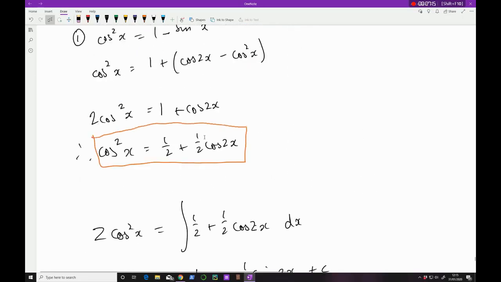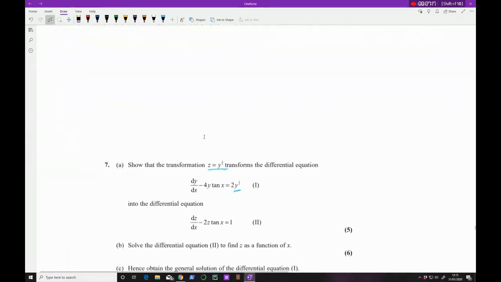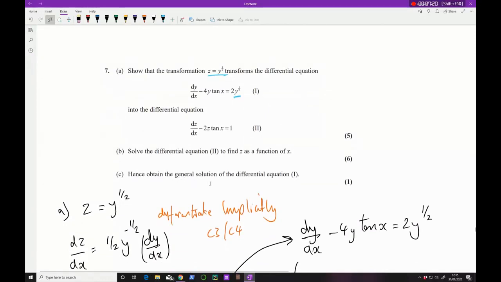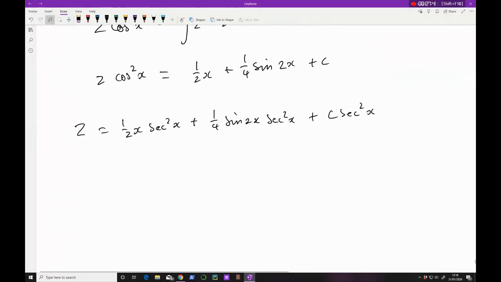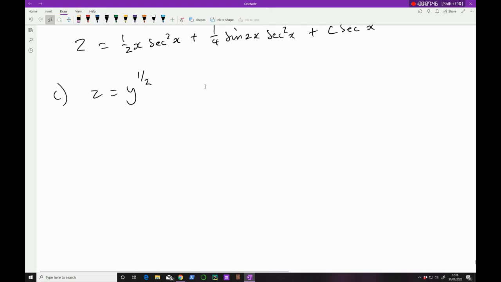Now part C. It says, hence, obtain the general solution of the differential equation 1. So we have to go back to 1, okay? From 1, we transformed into z by using this transformation. We need to go all the way back. And we go all the way back by just saying that z equals y to the power of a half. So z squared equals y.